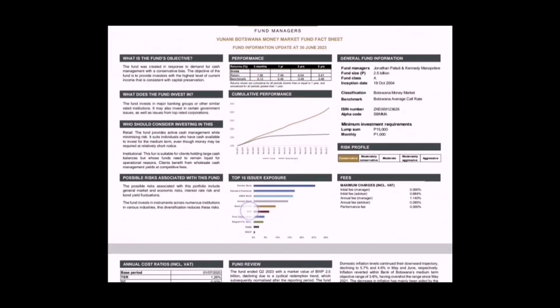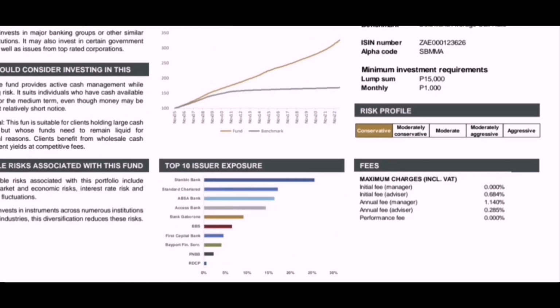Maybe the risk profile, but the risk profile is there as well, even though they didn't specify it under the objective. You can see the risk profile. You can see there is conservative. Conservative, we're talking low risk, and this is how they categorize their risk. There's conservative, moderately conservative, moderately aggressive, and aggressive. So aggressive is high risk, conservative is low risk.